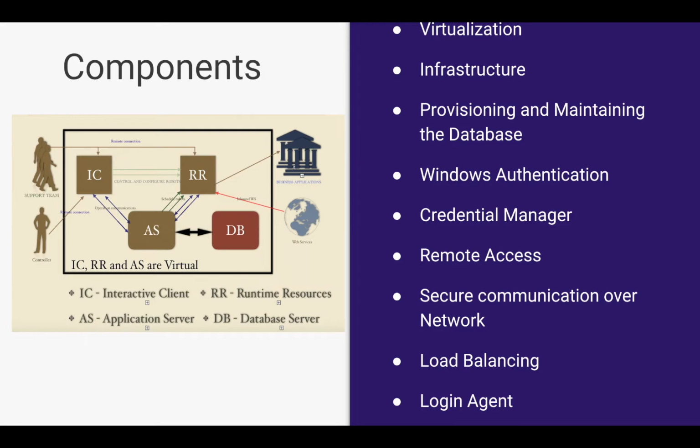As we go forward with the other videos, I will explain each and every bullet point in detail: what virtualization is, why we need it, what sort of virtualization we can implement, and the different advantages and disadvantages of using virtualization.